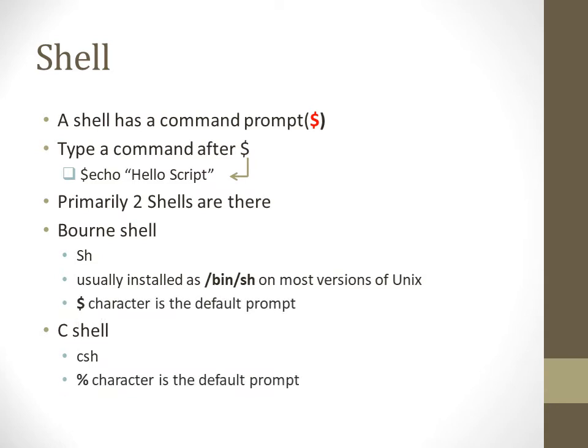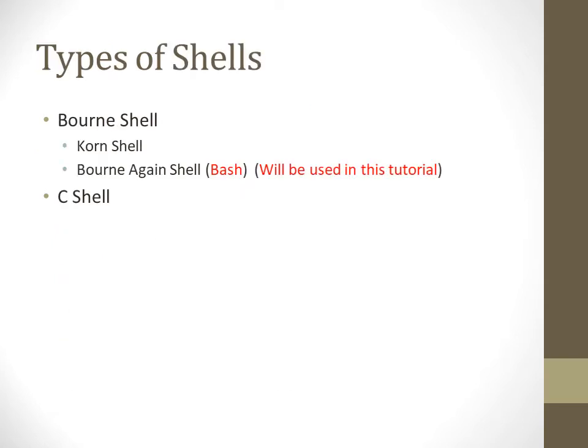In Bourne shell, the command prompt is $, whereas in C shell, the default command prompt is %. Now Bourne shells are further divided into Korn shell and Bourne Again shell, which we call bash shell. And throughout this tutorial, we will implement all the programs in bash shell.